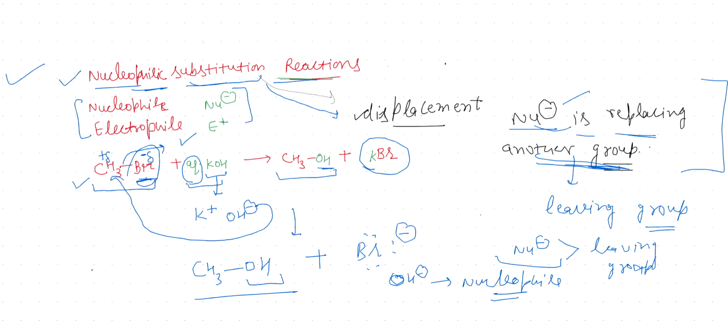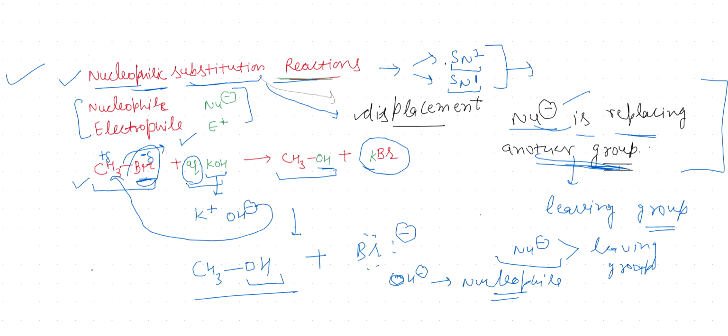We will discuss this in detail, as in nucleophilic substitution reactions there are two types of mechanism. One is SN2 and another one is SN1. What the meaning of SN1 and SN2 is, we will understand with the help of examples.